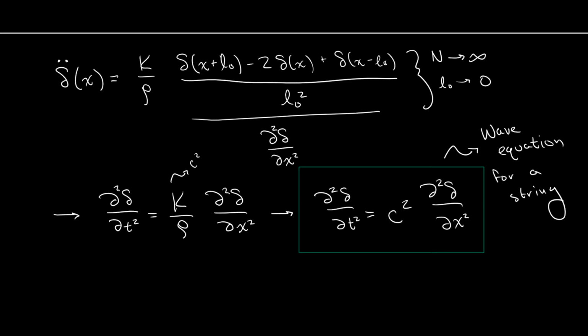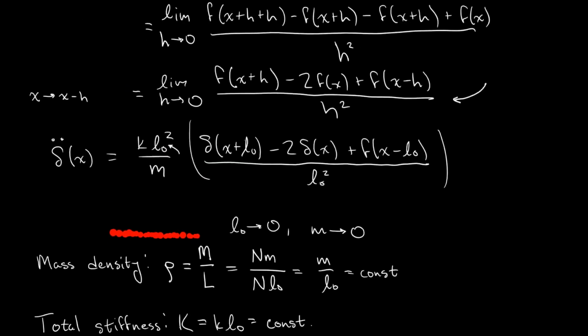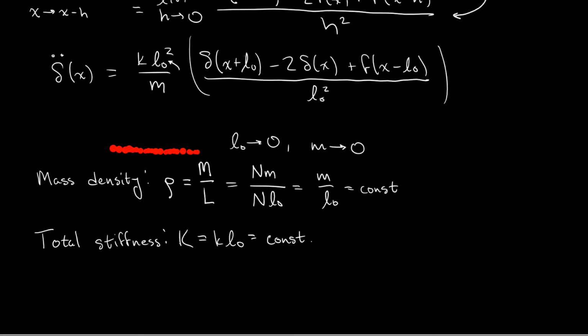Keeping the total stiffness constant seems kind of arbitrary. Yeah, I mean, it is a bit arbitrary. But the main thing is that we want to keep this whole ratio constant. That's essentially all we're doing, and we're defining these sort of bulk properties to do that.